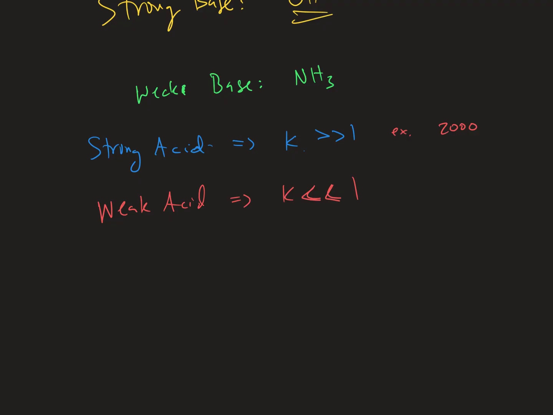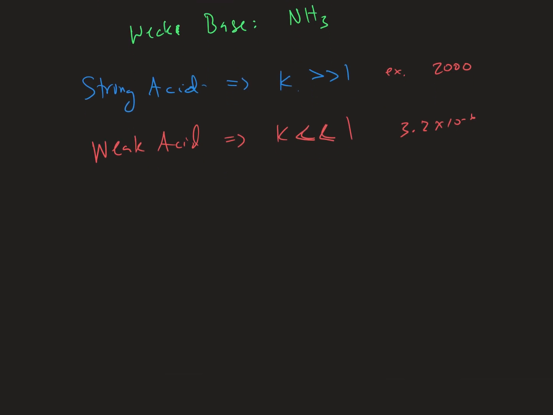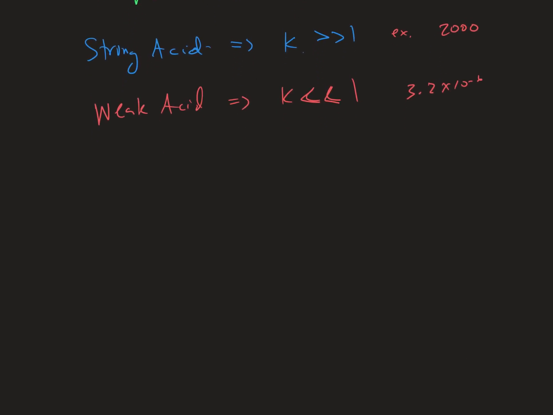And if it's much less, an example would be 3.2 times 10 to the negative 6. Very small, right? Not negative, but very much less than 1. Good? But it'll never be a negative, right? Yes, that's right. Okay.